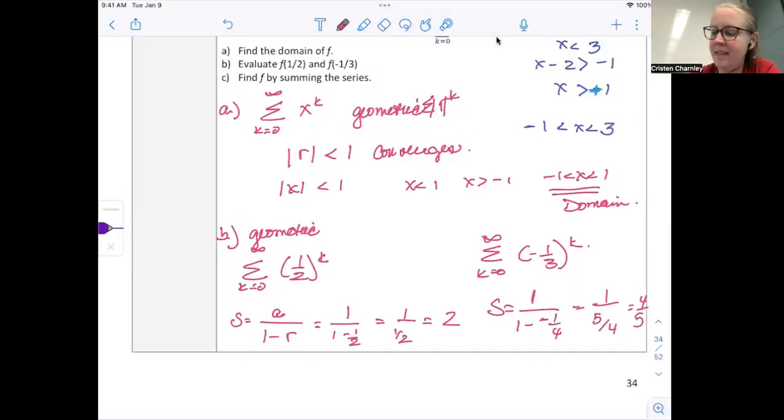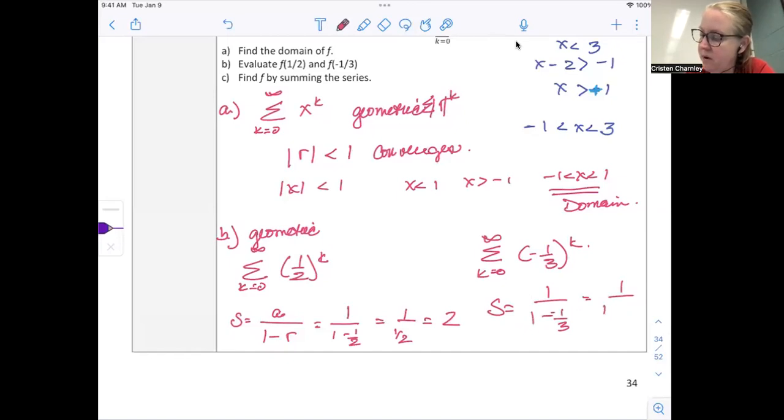I'm not going to have time to edit that out, but you're probably thinking, hey, Mrs. Charlie, you're doing it wrong. So let's try again. It's a 1/3, not a 1/4. 1 over 1 minus -1/3. There we go. So 1 over 1 plus 1/3, 1 over 4/3. So this becomes 3/4. Much, much better.